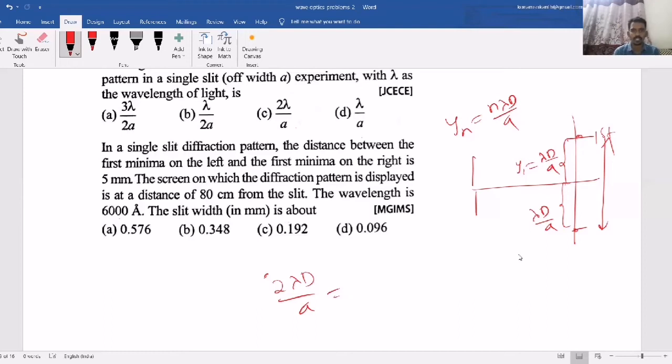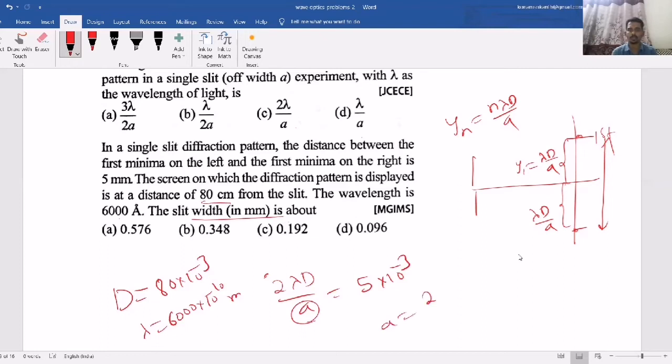That they have given as data, 5 millimeter, that is 5 into 10 power minus 3. The screen on which the diffraction pattern is displayed is at a distance of 80 centimeters. So capital D value they have given. And the wavelength also they have given, 6000 angstroms. Now what they are asking is slit width, that means A value.